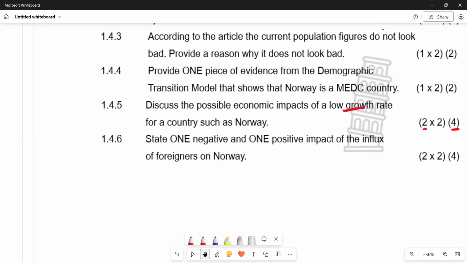You'd see that when we have a low population growth, we are going to have fewer people in the country. Having that scenario, we are going to have a low possibility of having people who are willing and able to go to work. So we have the economically active age group being contracted.